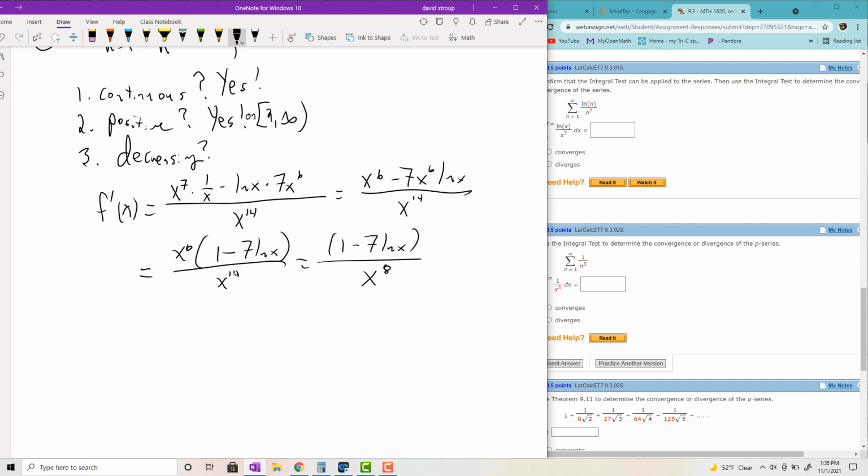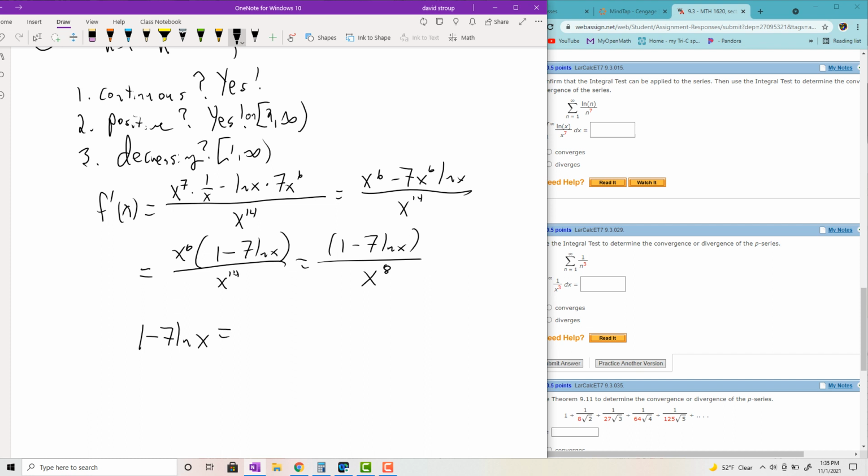And then on the interval from 1 to infinity, let's see if it's actually decreasing. Basically, you have to find the critical points in that interval. There's a critical point at 0, but it's not in the interval, so you could toss that out. Actually, the function isn't even defined at 0, so it wouldn't even be an issue. So all you have to do is take the numerator and set it equal to 0 for the critical numbers.